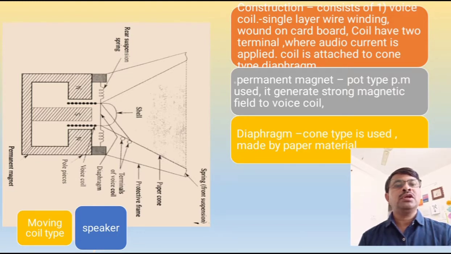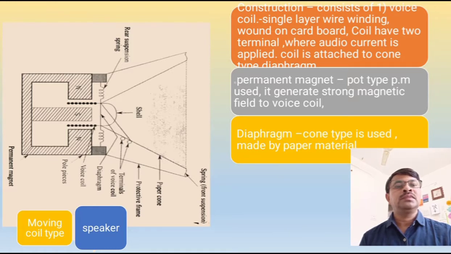This is the two terminal, where we have to apply that audio current. Permanent magnet. This is the permanent magnet. Pot type permanent magnet is used and it generates a strong magnetic field for the voice coil.